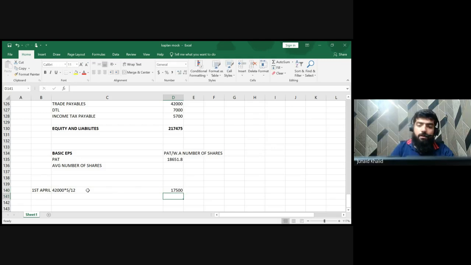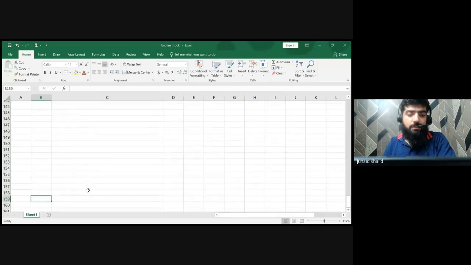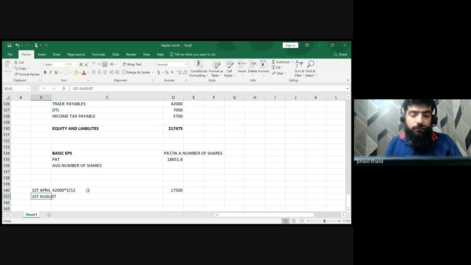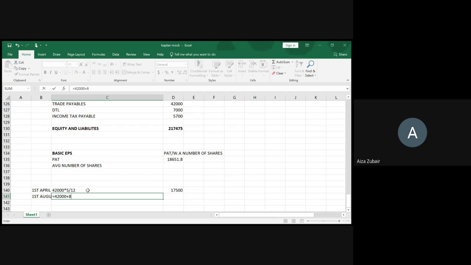Now, after the shares were issued at full market price on 1st August, how many shares were issued? 8,000. Now the total number of shares would be 50,000.